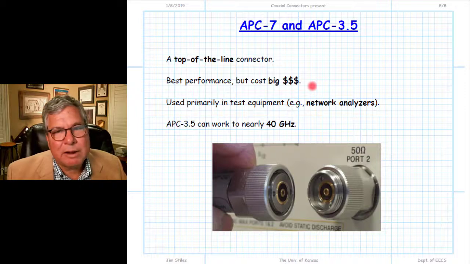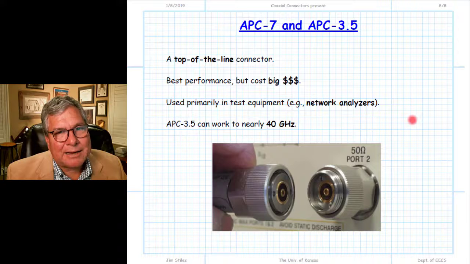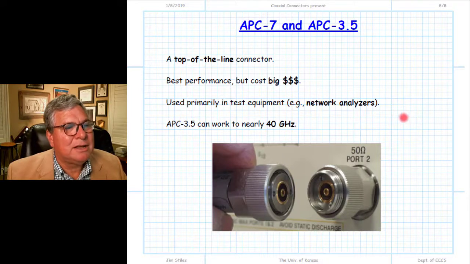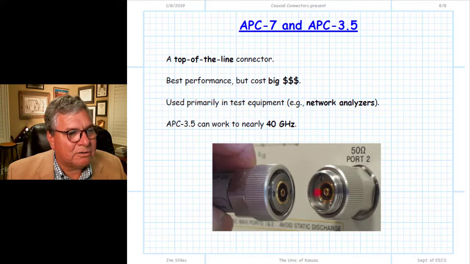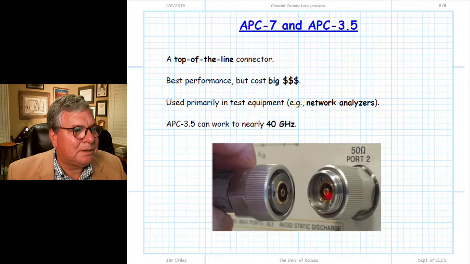If you go to most microwave labs around the world, and certainly microwave labs in academic institutions, and you find one of these connectors on a network analyzer, and you look at the actual inner and outer conductor, the gold material right here, they're kind of ruined. They're scratched up. They're messed up.